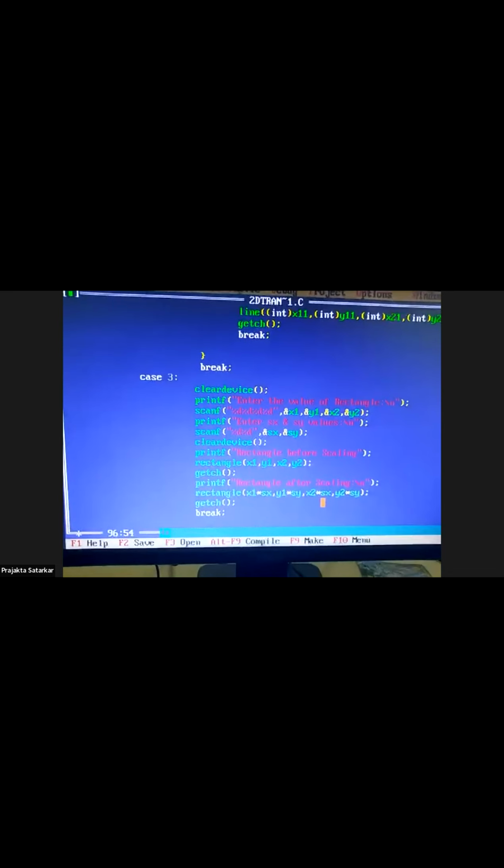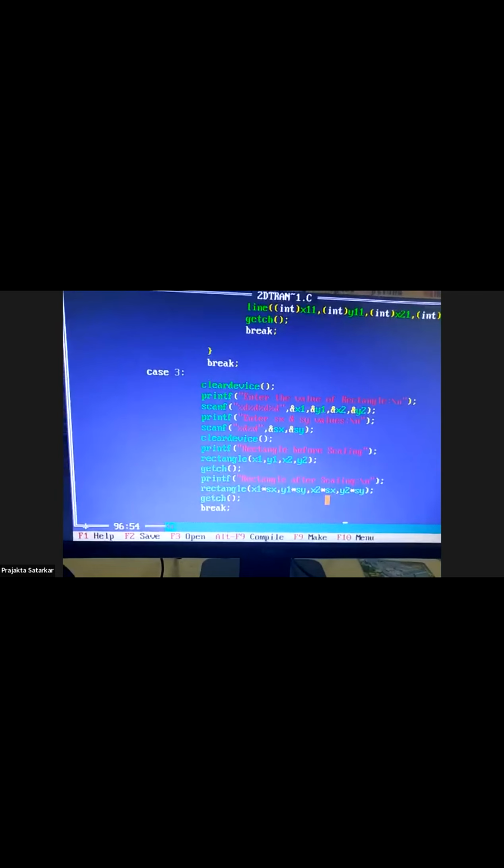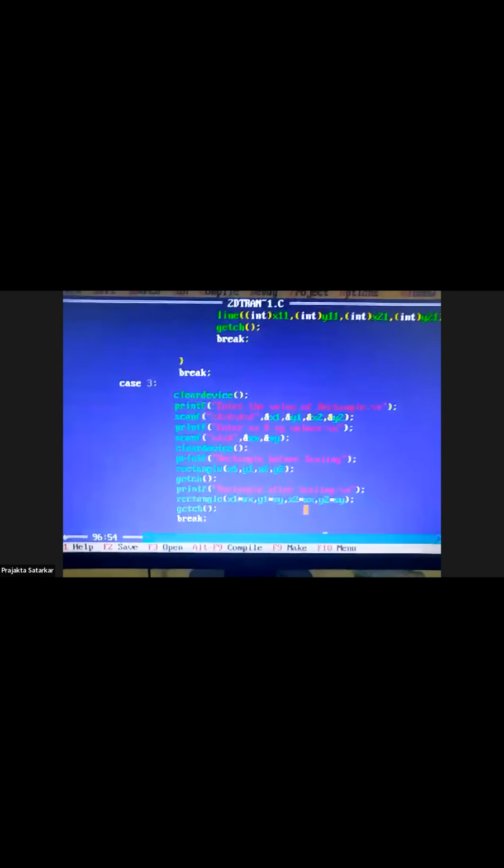Is there any difficulty in the scaling? Okay, so I believe there is no difficulty in scaling.